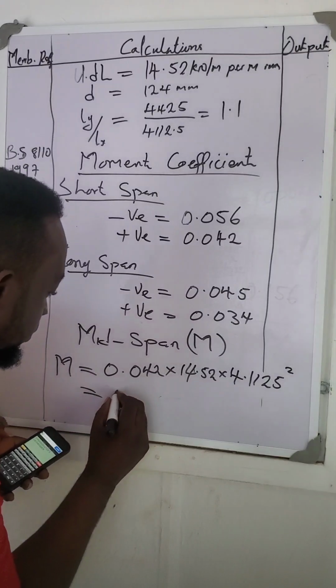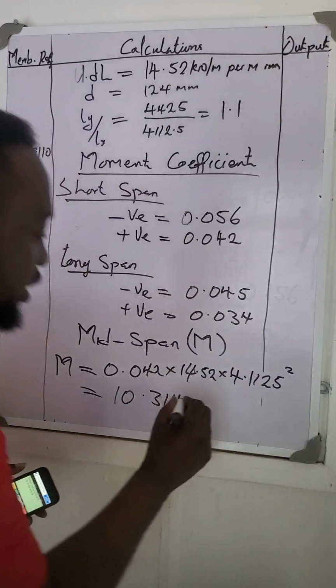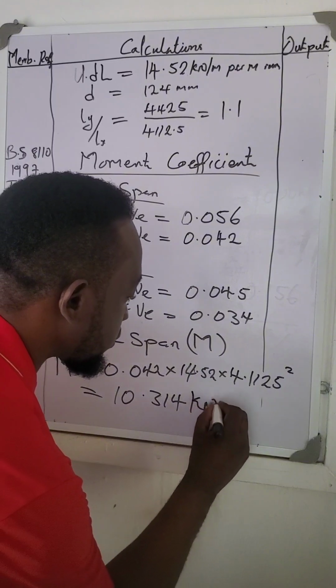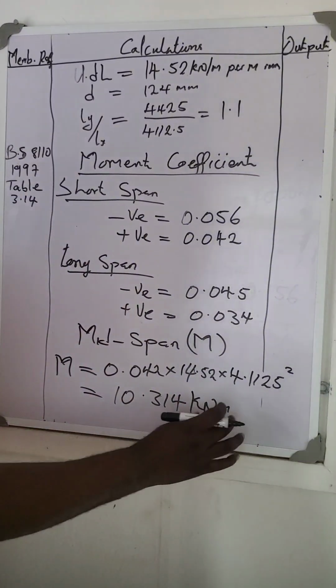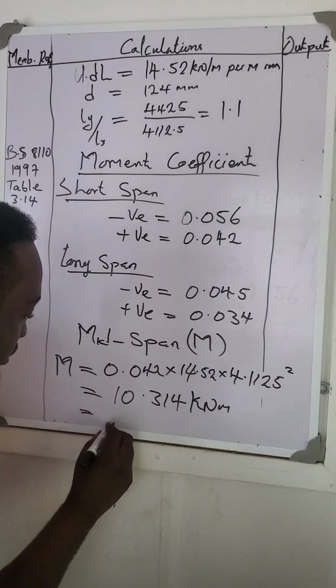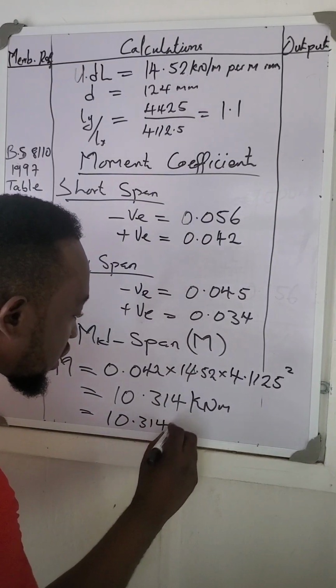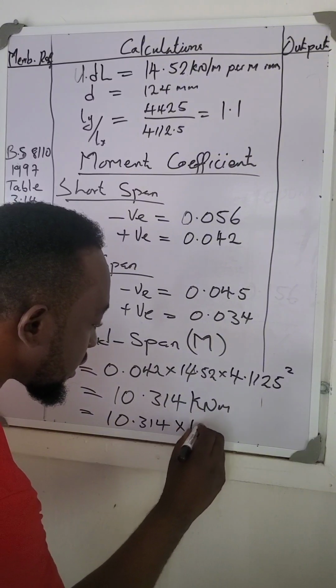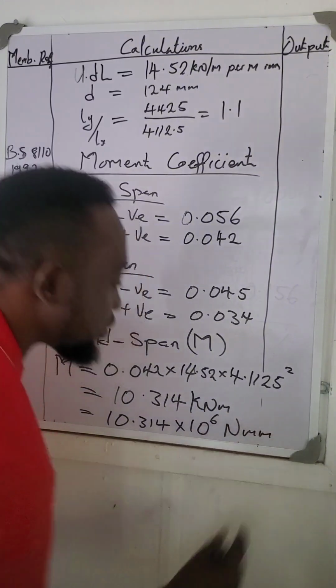We now have 10.314. This is kilonewton meters. We can still convert this one to Newton millimeter, which will be equal to 10.314 times 10 raised to power 6 Newton millimeters.